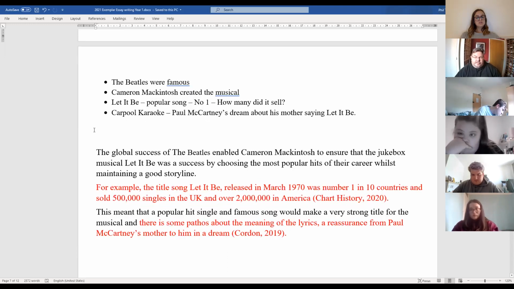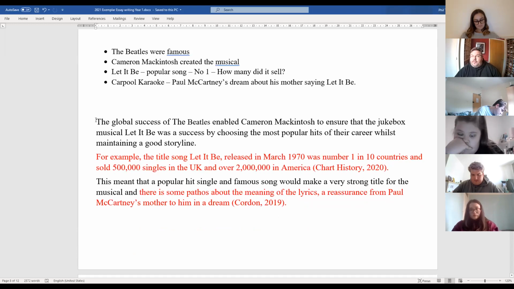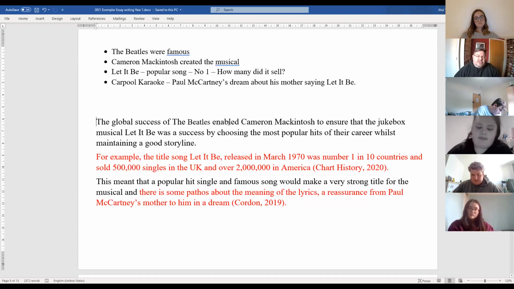And then we need to say, okay, how can we put all this information you found out today into decent sentences? So here's an example of a few good sentences. The global success of the Beatles enabled Cameron Mackintosh to ensure that the jukebox musical Let It Be was a success by choosing the most popular hits of their career whilst maintaining a good storyline.